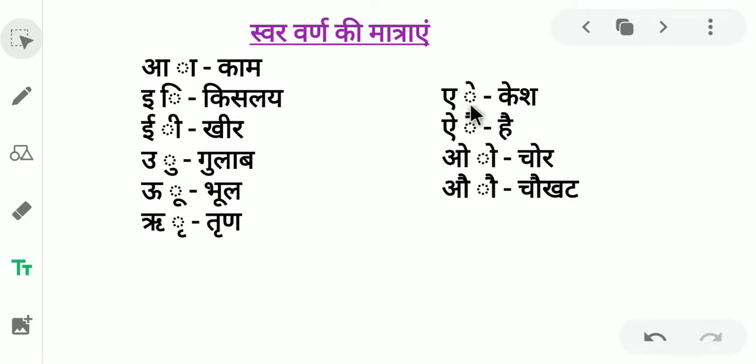This is a sign of A. This is a sign of I. And this is a sign of O. And this is a sign of O. Now these are some signs of vowels of Hindi alphabet. Okay.